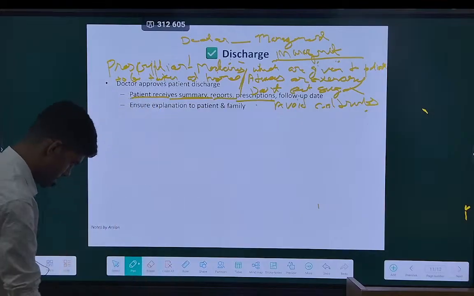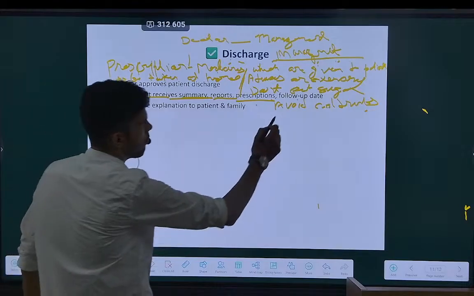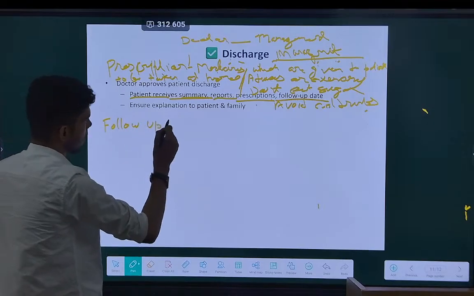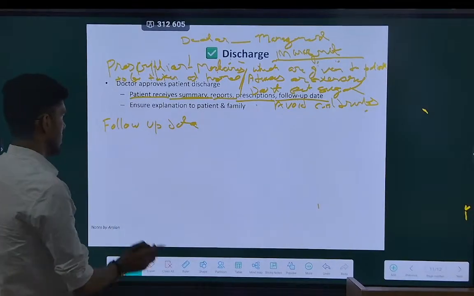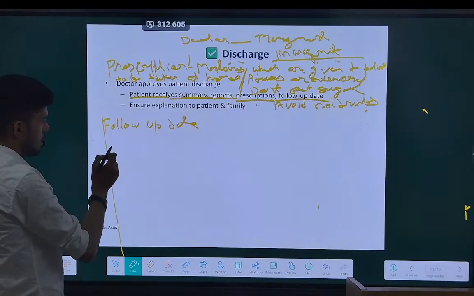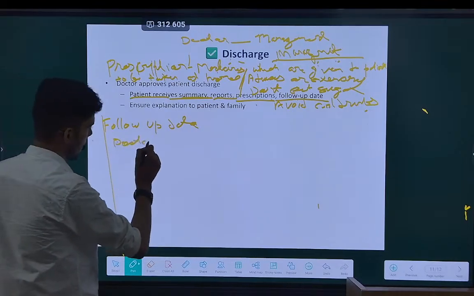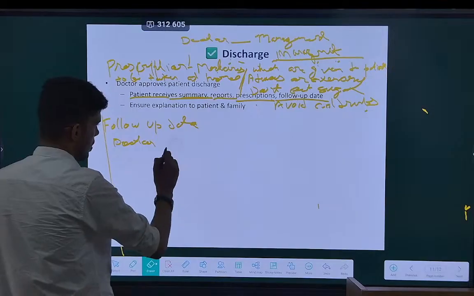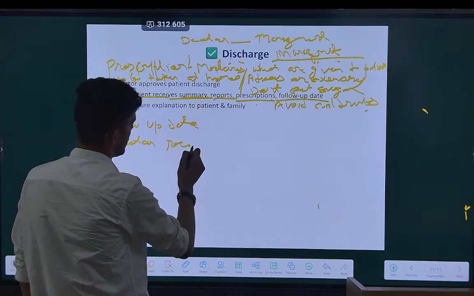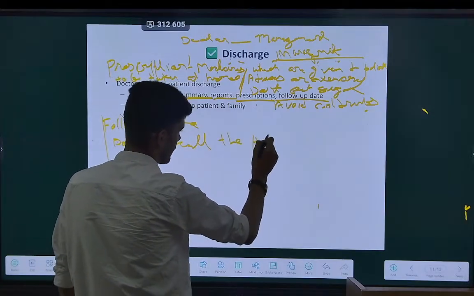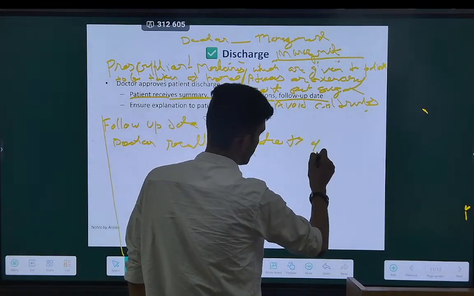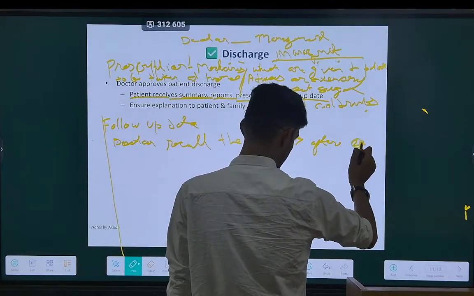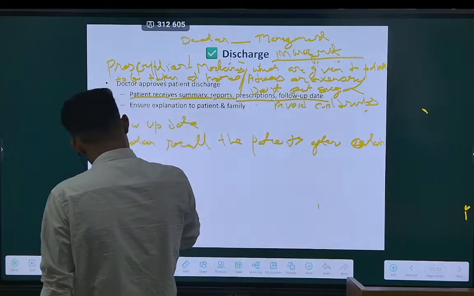Prescription के साथ डिस्चार्ज में हम लोग एक फॉलो अप डेट भी देते हैं. फॉलो अप डेट. चलो, फॉलो अप डेट मीन्स डॉक्टर recall the patient after certain days.